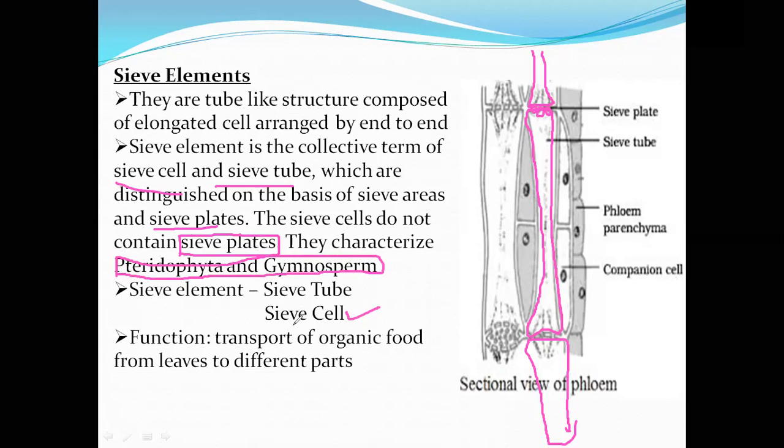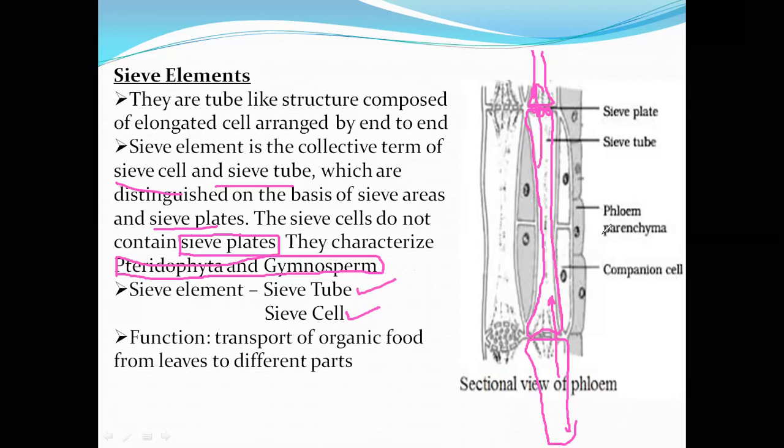But the sieve tube, generally found in angiosperms, contains a sieve plate. Through this sieve plate, one tube is connected to the next tube, and whatever food material or organic solids are there pass through this sieve plate.